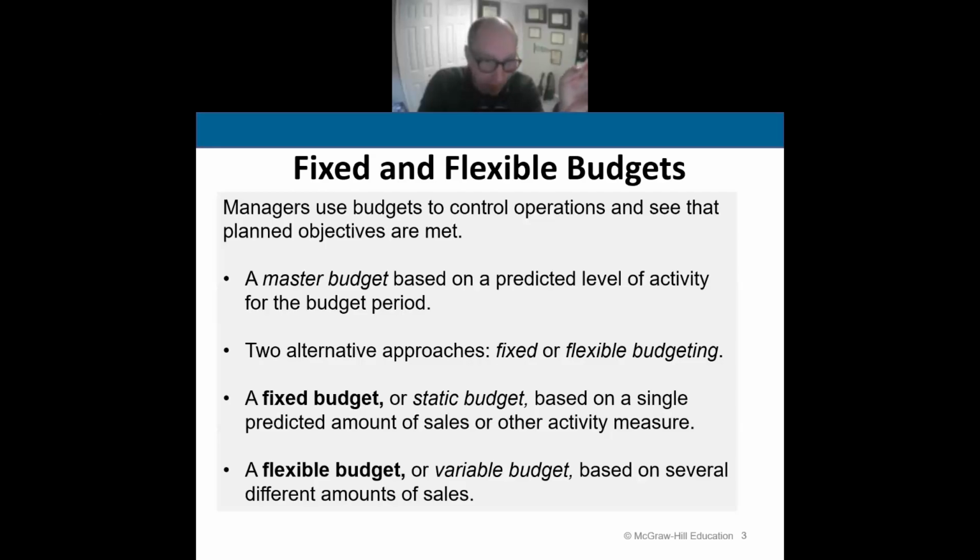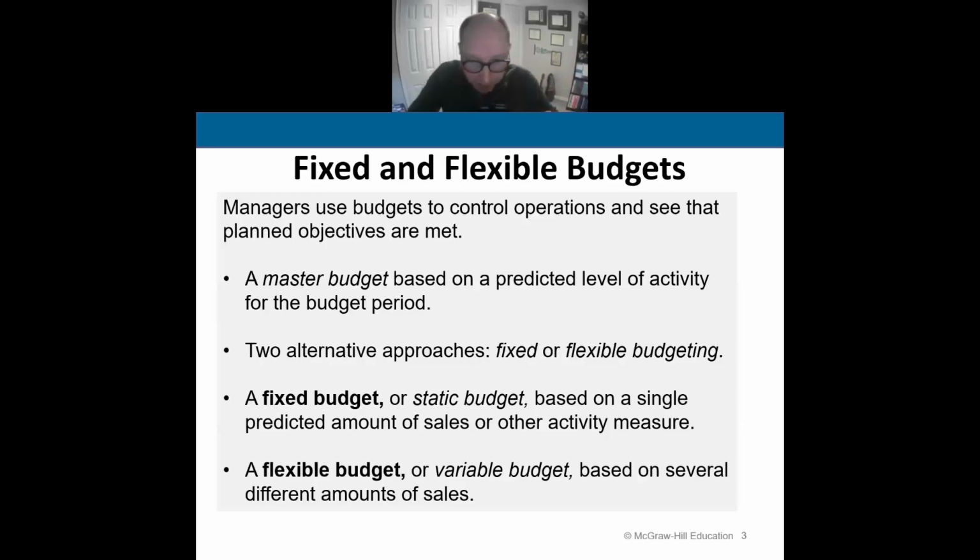Like, for example, I might generate more sales than I had originally thought. And if I sell more than what I had planned for in the production budget, I can increase the production budget. It's flexible. Think of like a stove, right?